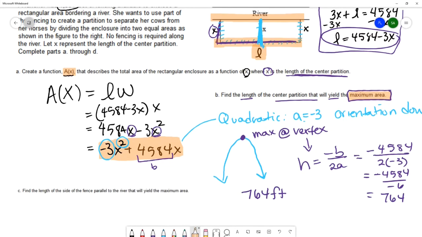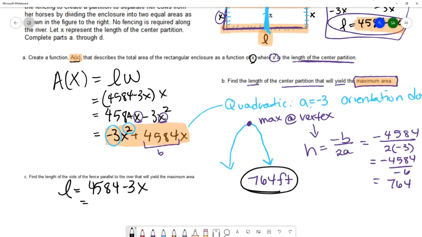So we let the side parallel to the river be 4,584 minus 3x. So that length, 4,584 minus 3x, and we found x to be 764, so 4,584 minus 3 times 764.